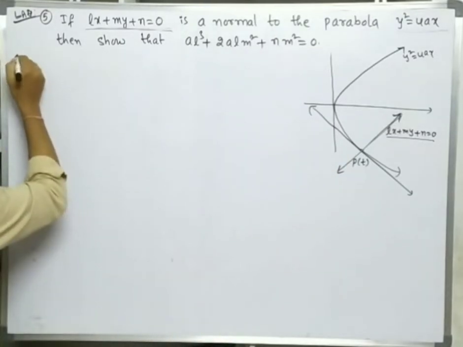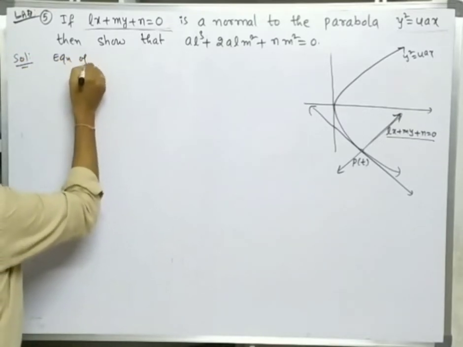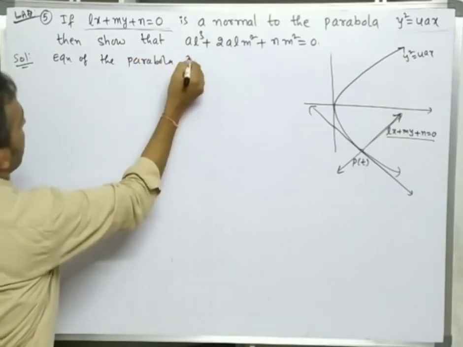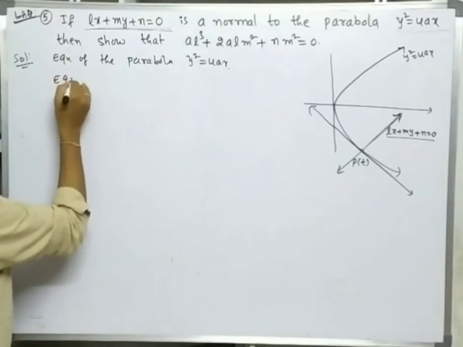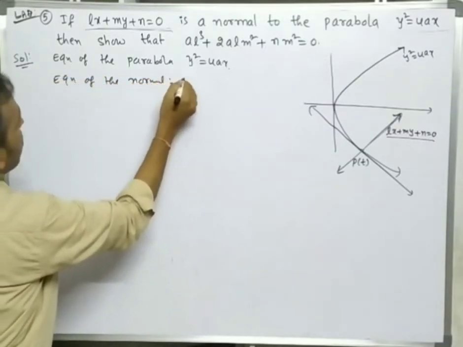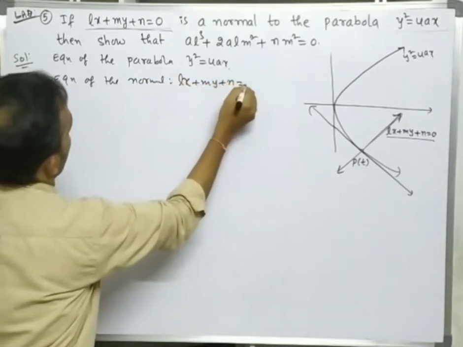Okay, right, simple problem. What is the equation of the parabola? That is y square is equal to 4ax. Next, the equation of the normal is also given. What is the equation of the normal? Lx plus my plus n is equal to 0.